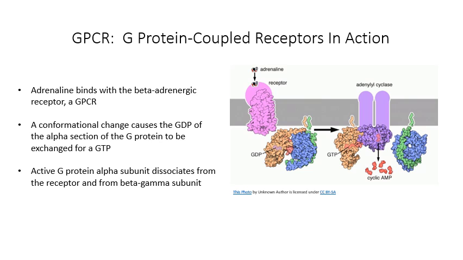And you'll see from the first to the second diagram there, the GDP has been exchanged for GTP, and the alpha subunit of the G protein has combined with the adenylate cyclase, and you'll see that there is being produced cyclic AMP.